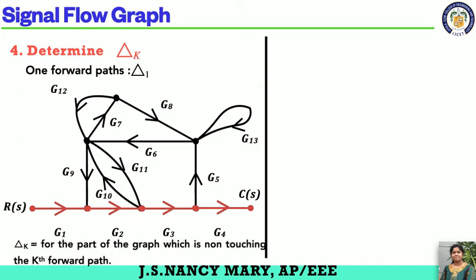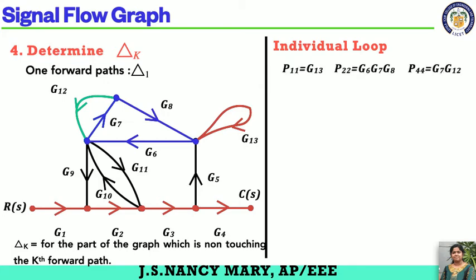If you look, only the loop G13 is not touching. And then G12, G7 is also not touching. Then G7, G6, G8 is not touching. You can see that in the figure; I have indicated with different colors. So I'll be writing all three.